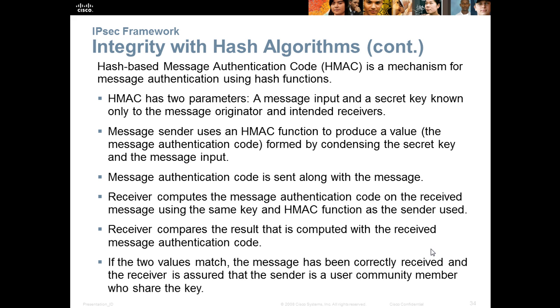The message authentication code is sent along with the message. The receiver computes the message authentication code on the received message using the same key and the same HMAC function as the sender used. Then the receiver compares the computed result with the received message authentication code. If the two values match, the message has been correctly received and the receiver is assured that the sender is a user community member who shared the key.